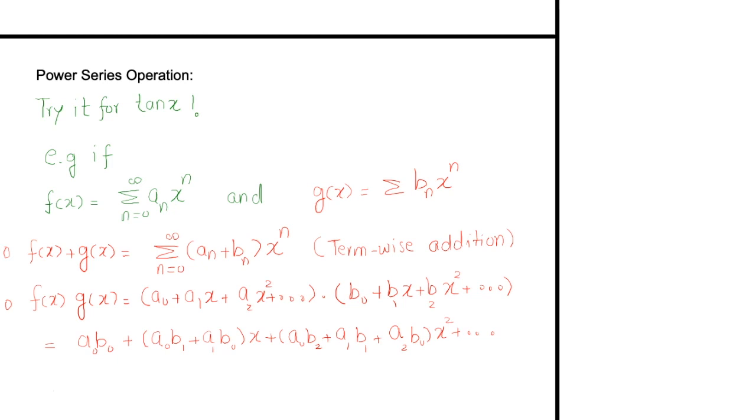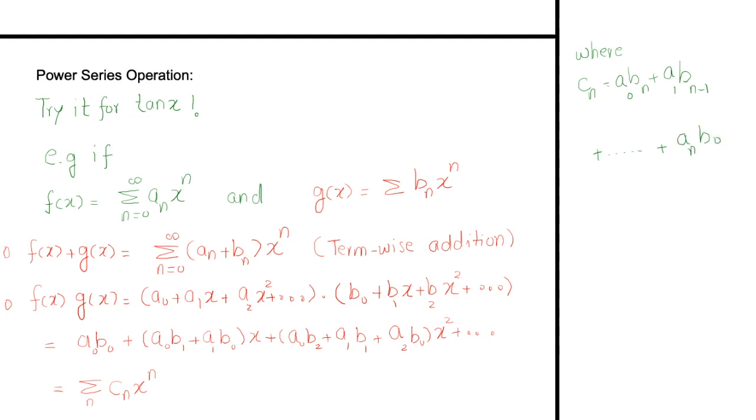Now this can be written as summation over n cn x to the power n, where cn will be equal to a naught bn plus a1 b power n minus 1 plus ... a n b naught.